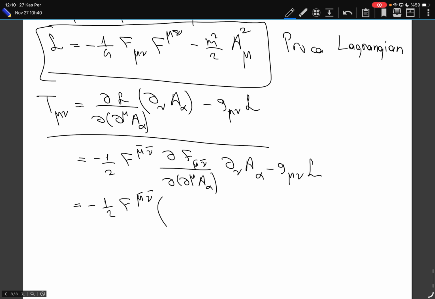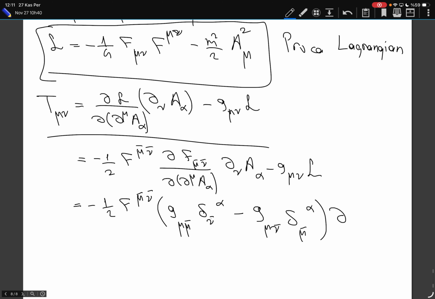This derivative over here will give me a Dirac delta mu bar, Dirac delta. No, the first one is G mu bar mu bar, Dirac delta nu bar alpha. The second term in the expression of F mu nu, I will get G mu nu bar Kronecker delta mu bar alpha.